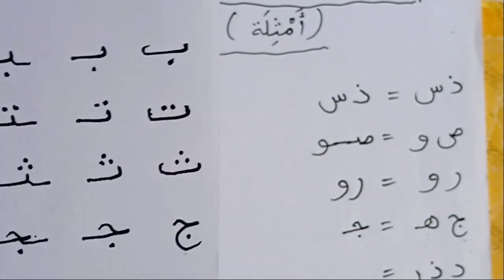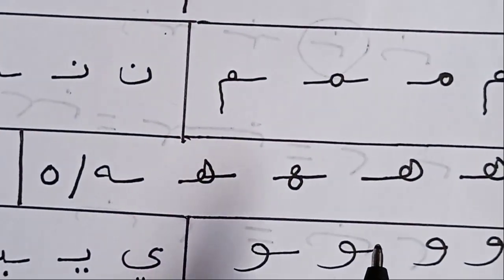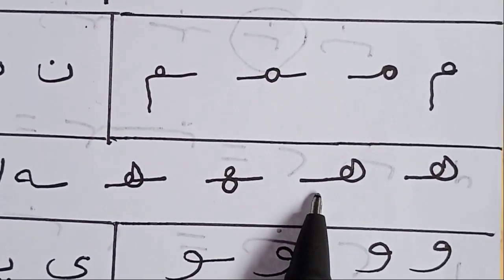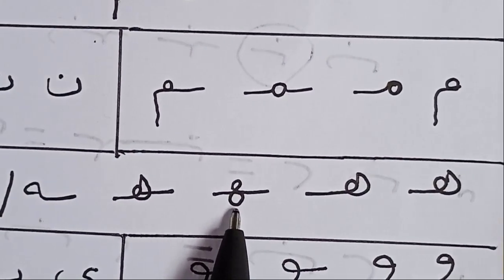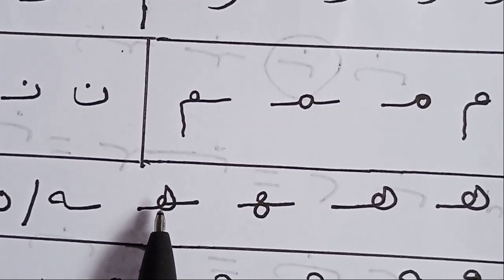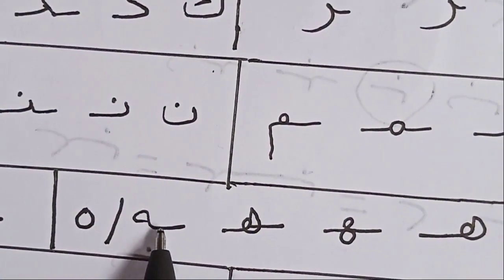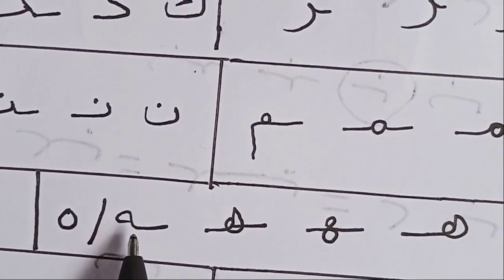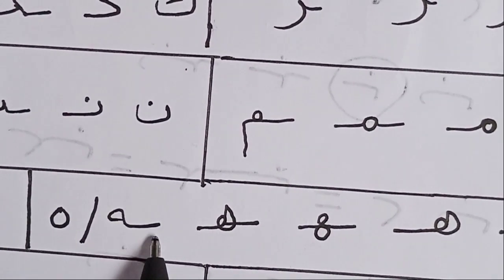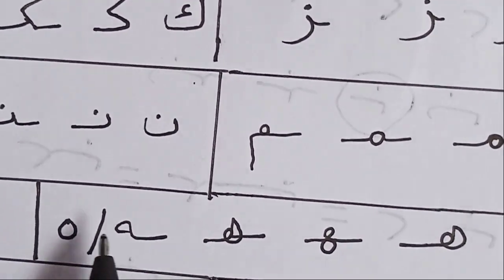Then to join the Ha, we also have the division of Ha. Here we have the Ha that stands alone, the Ha that begins the word, the middle of the word. Also the middle has another shape when you are writing it in the middle. When it appears at the end, there is this case, which is when it is going to join the letter that precedes it.